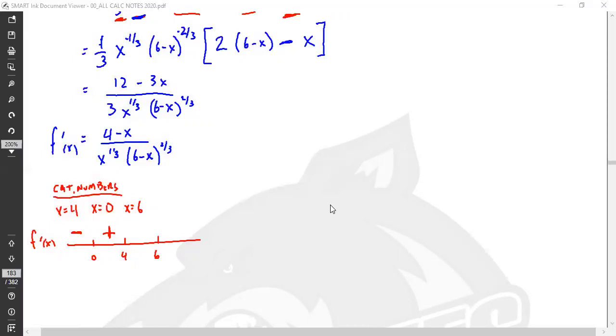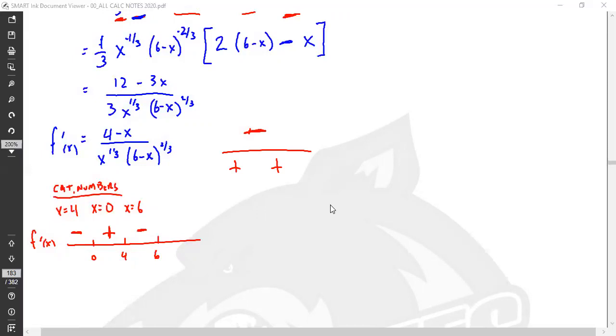Between 4 and 6, say a number like 5. If x is 5, 4 minus 5 is negative. 5 to the 1/3 is positive. 6 minus 5 to the 2/3 is positive, makes this negative.